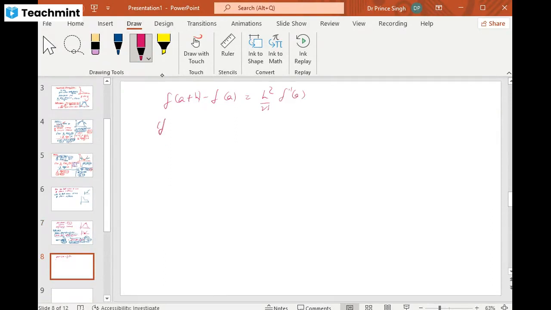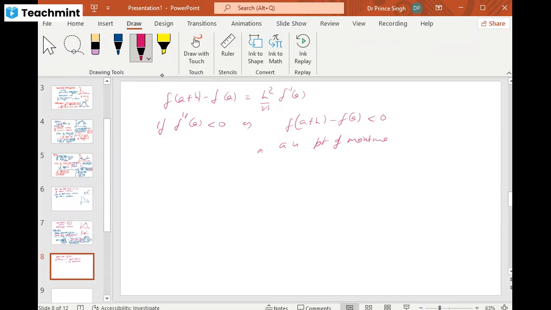So if f double dash a is less than 0, it means that f of a plus h minus f of a is less than 0, which means a is the point of maximum, right? So this is the mathematical proof for the condition of maxima and minima also, right?